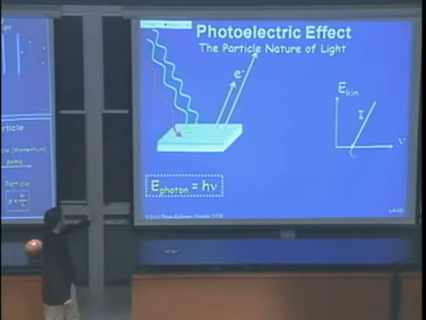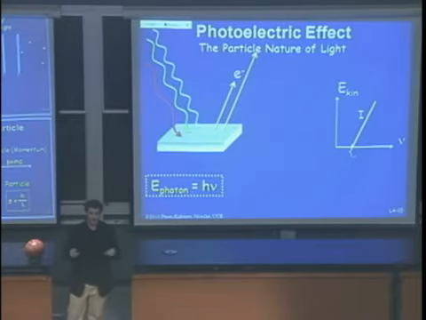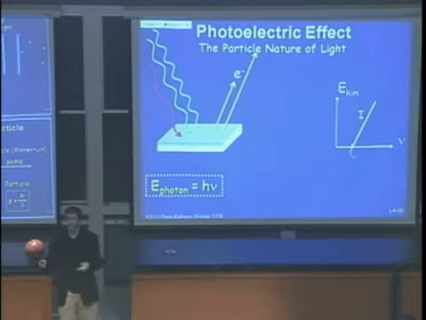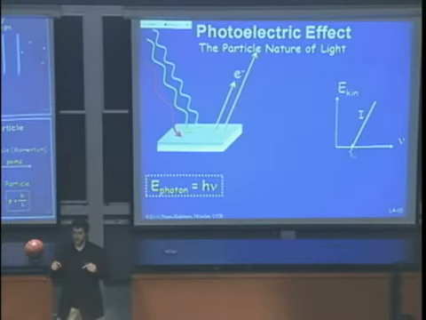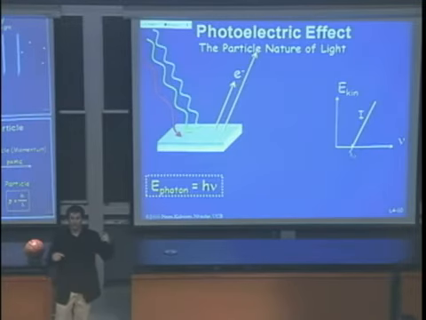If I have red, no matter how many photons of red light I have, there's not going to be enough energy in one of them to kick off the electron. The other important thing that Einstein sort of worked towards is that the photoelectric effect is an interaction between one photon and one electron. You can't have a bunch of photons kicking off this electron. He said, well, it's one photon, one electron.